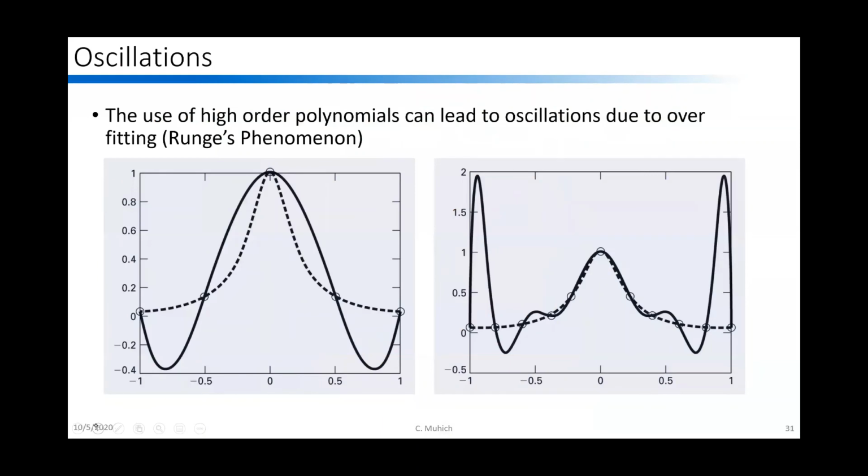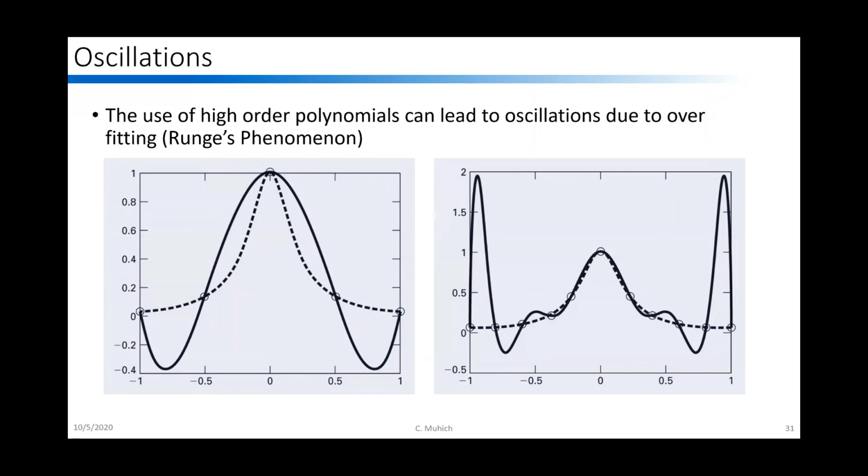As we see in these values, we end up having oscillations with the higher order of the polynomial. So let's take 2 more examples.